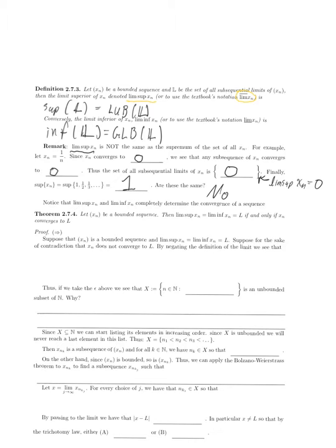So, something to notice first, which will be pretty light. Lim_sup and lim_inf can completely determine if a sequence converges. So here's the claim. Let xn be a bounded sequence, then lim_sup is equal to lim_inf is equal to L, if and only if xn itself converges to L. So there are two things here. If you can somehow compute lim_sup, and you can compute lim_inf, and they turn out to be the same, then you know the limit of the sequence.